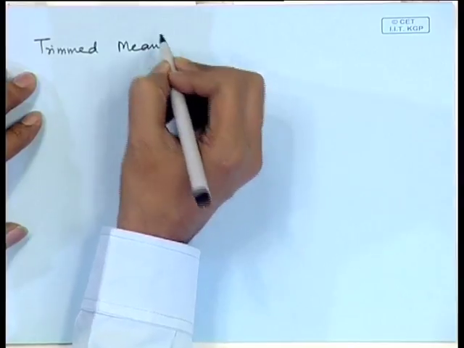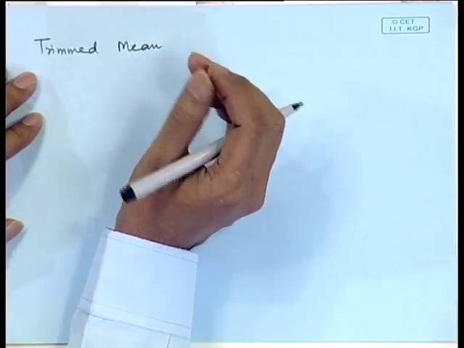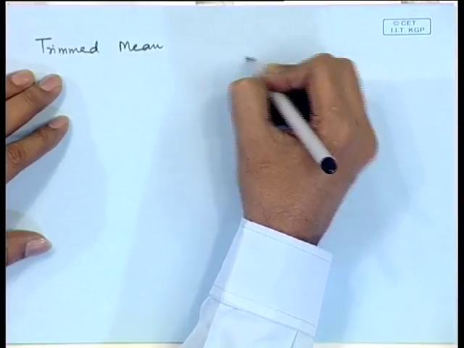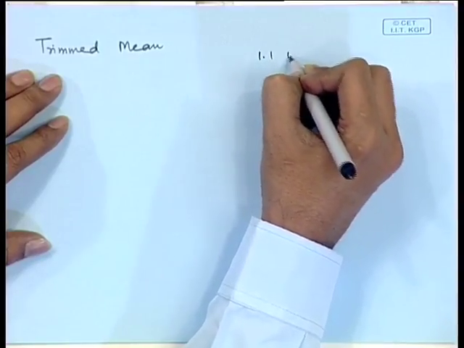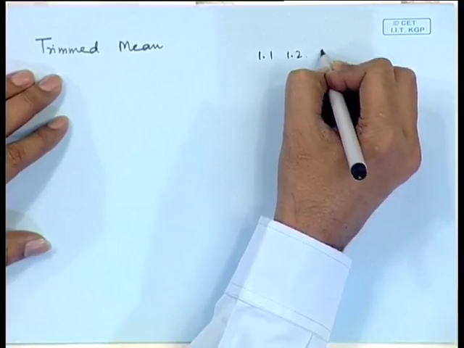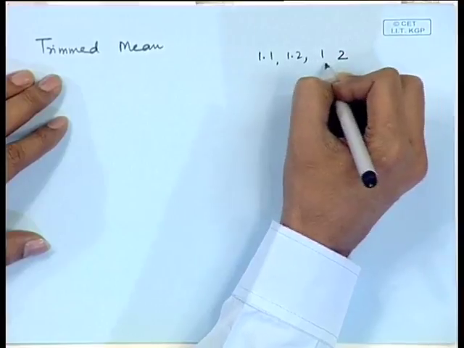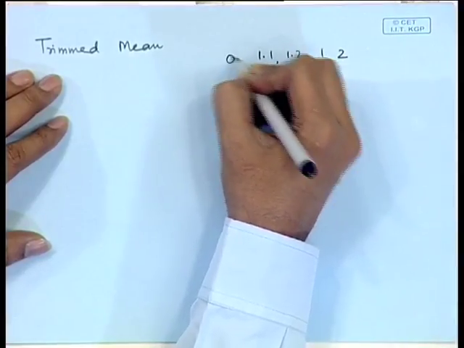Another option is that the highest and the lowest values are brought to the next lowest or next highest. For example, if the values are say, suppose I write 5 values: 1.1, 1.2 and say 1, and another value is say 2 and one value is say 0.